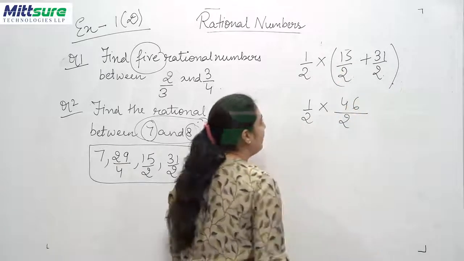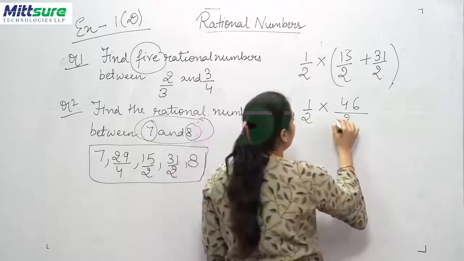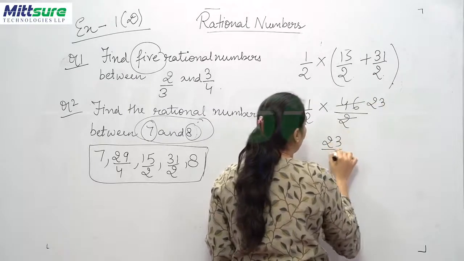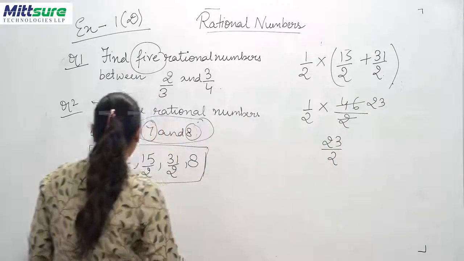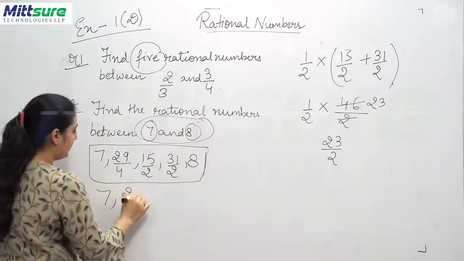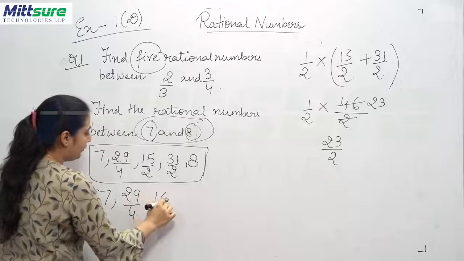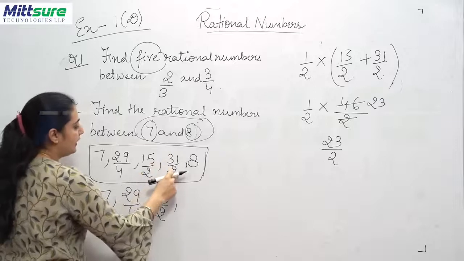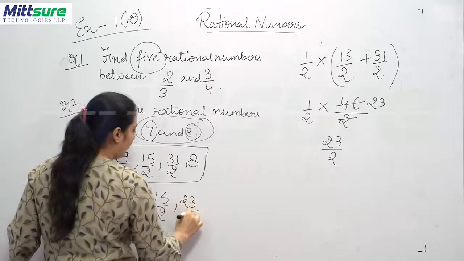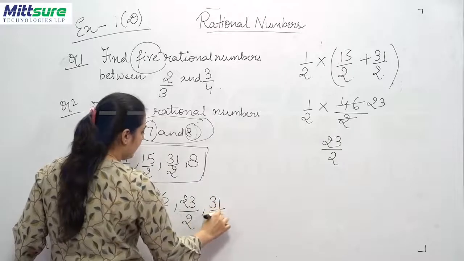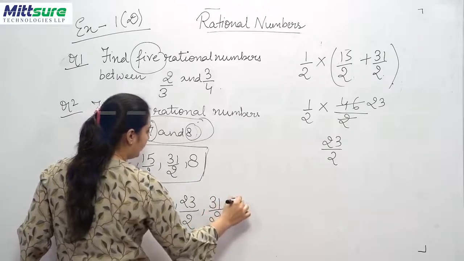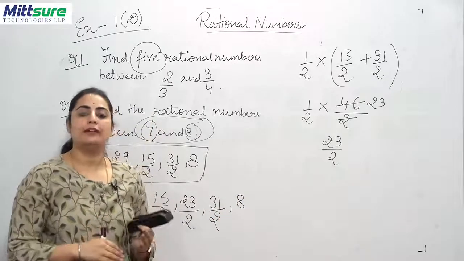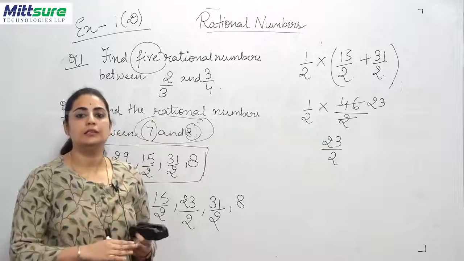Now this 46 can be cancelled by 2, so it will be 23 upon 2. Now if 7 is the first number, then 29 upon 4, 15 upon 2, the mid number between 15 upon 2 and 31 upon 2 is 23 upon 2, and the range will continue with 31 upon 2 and 8. So this is how you can increase the numbers and find the hidden rational numbers between the given rational numbers.